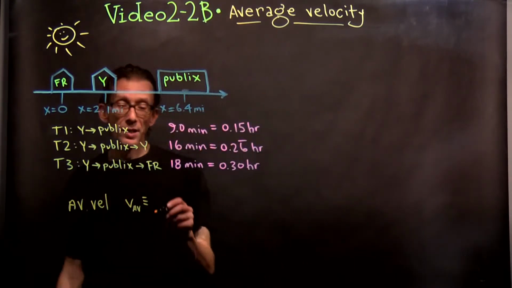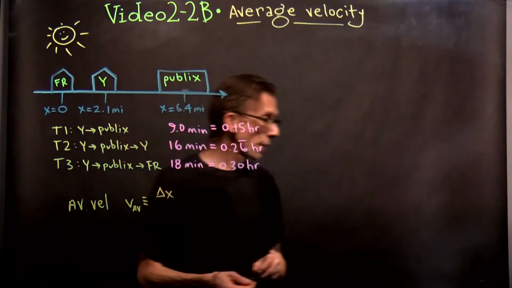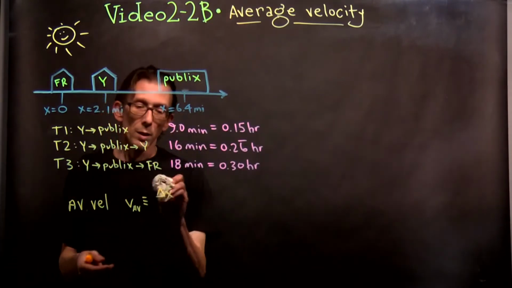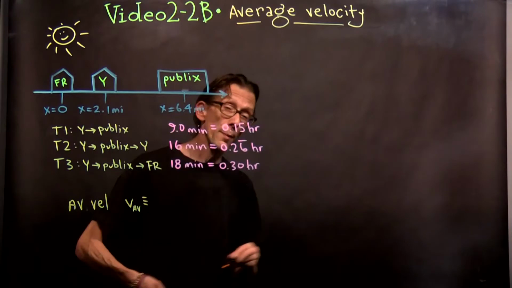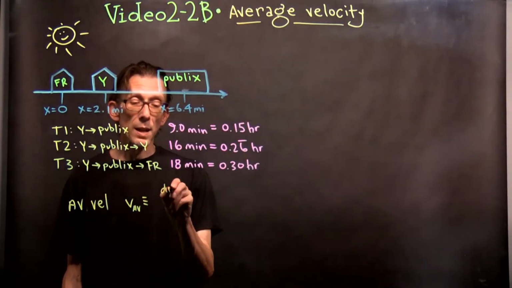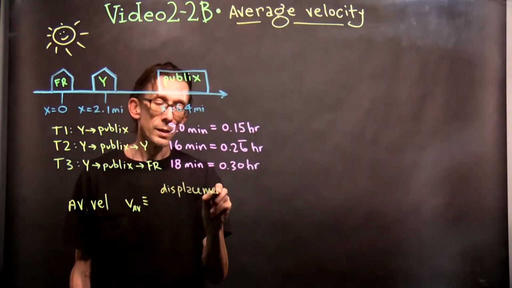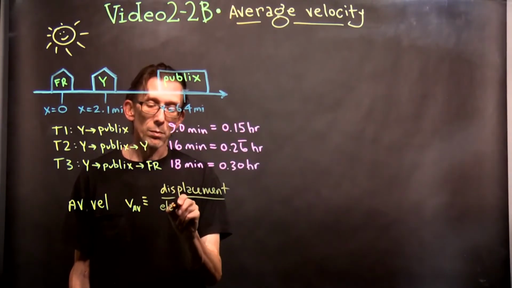Let me write it out this way for you all. Write it in words first, and then I'll put it in math. The average velocity, v sub AV, the symbol here, is displacement, not distance, but displacement over elapsed time.